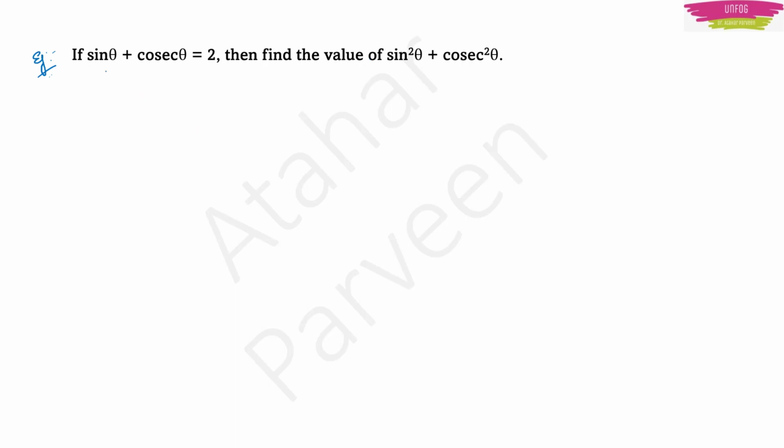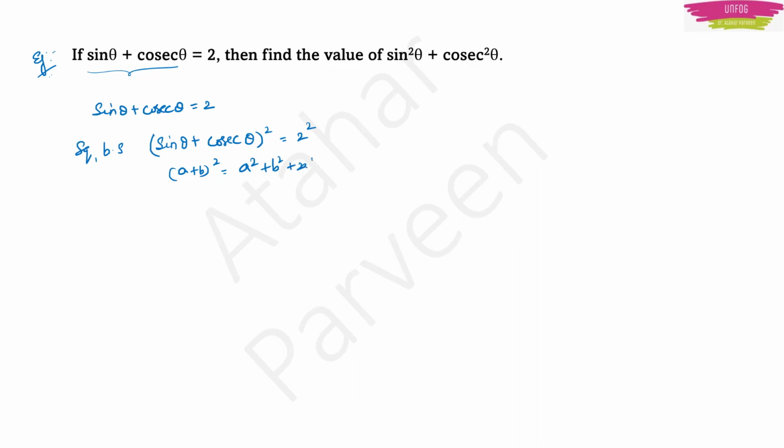you take the given condition, sin theta plus cosecant theta is equal to 2, and square both sides. If you square both sides, you will have sin theta plus cosecant theta whole square, which will be equal to 2 square. Now here you can apply the a plus b whole square formula, which is equal to a square plus b square plus 2ab, right?